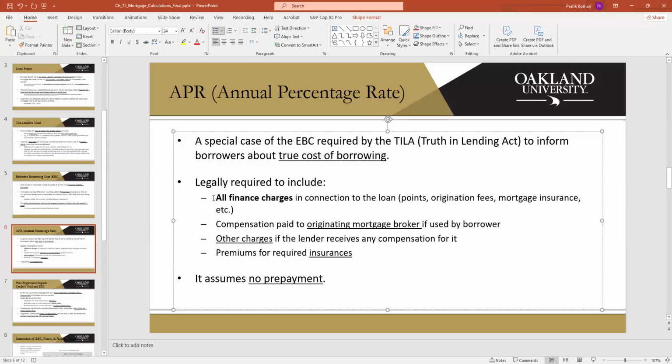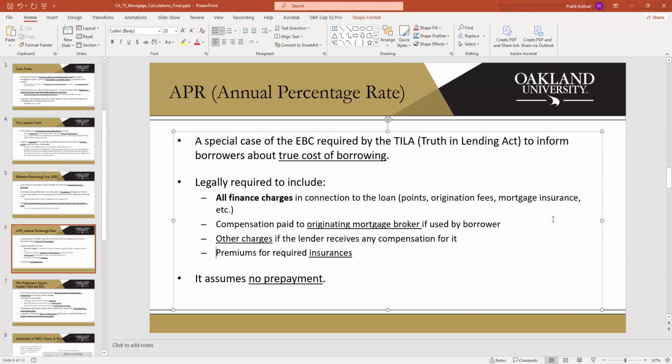APR calculations include all the financial charges that are in connection to the loan. If you bought points, those are included. If the banks charged origination fees, that's included. Your mortgage insurance that you had to buy, if you are making PMI payments or upfront payments, that's included. If you used a mortgage broker, that fee or compensation paid to that mortgage broker is also included.